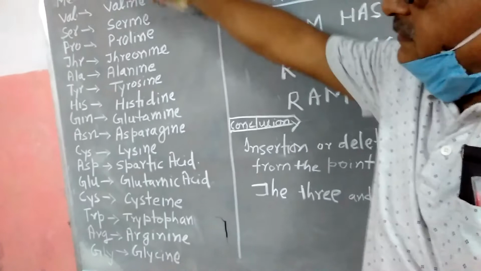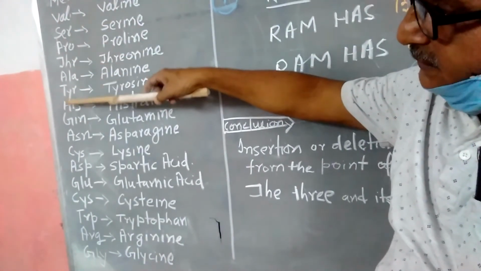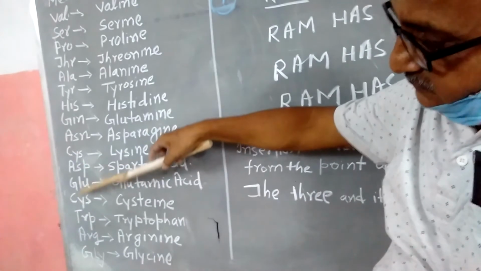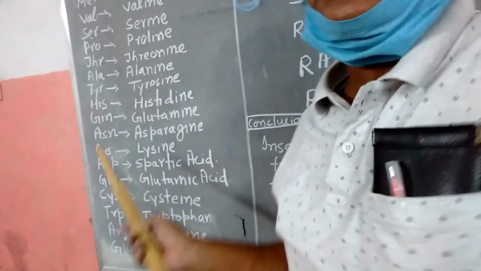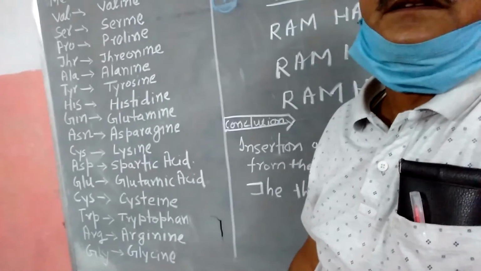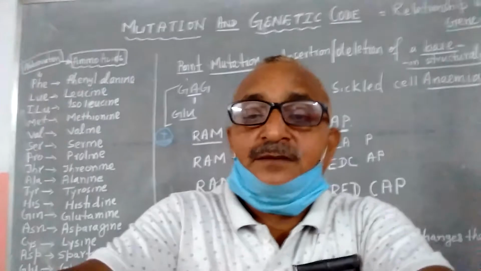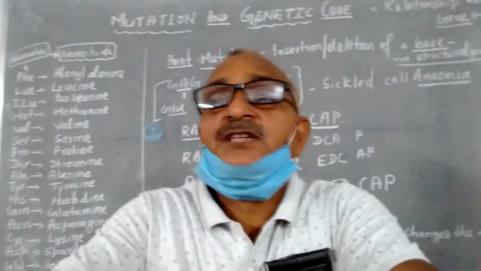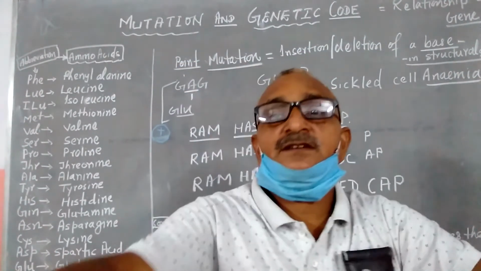So these are the 20 amino acids with their abbreviations. If you learn this, it will be easy to decode whatever code is given for an amino acid and find its full name.